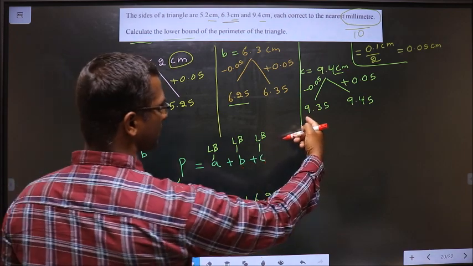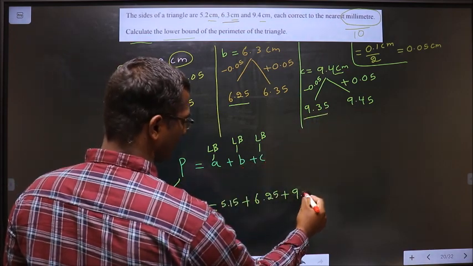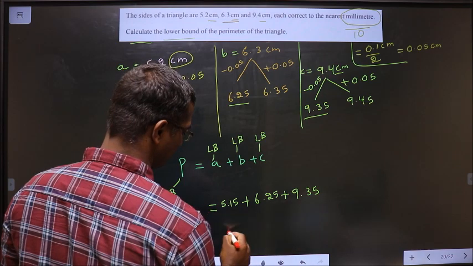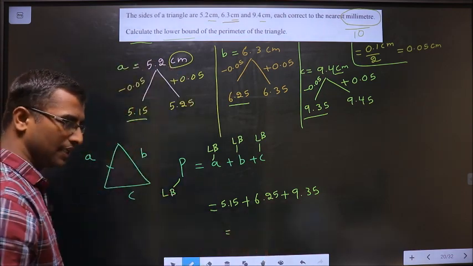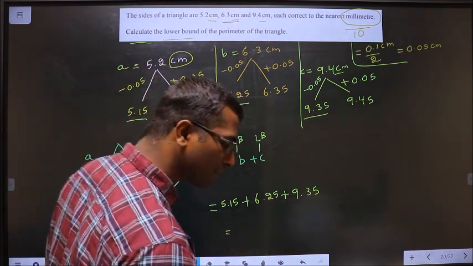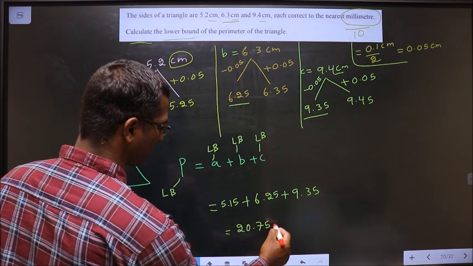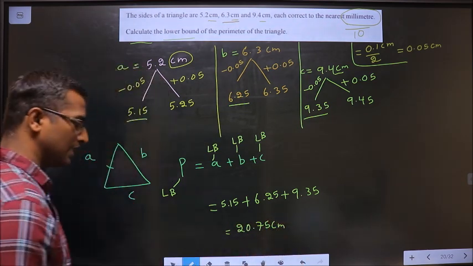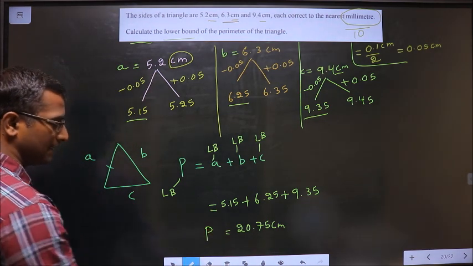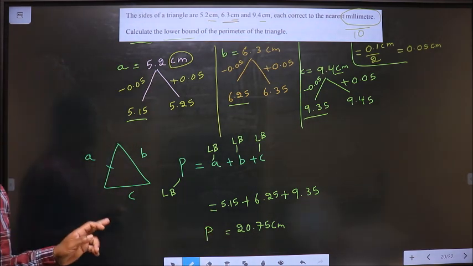Lower bound for C is 9.35. Add all the three, you get 20.75 centimeters. So this is the lower bound for the perimeter. Is it clear?